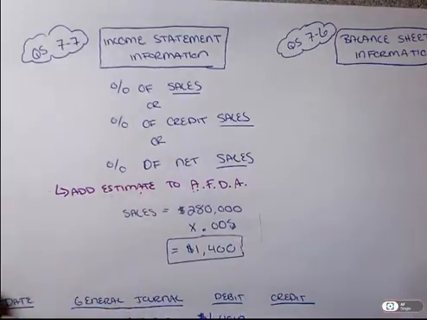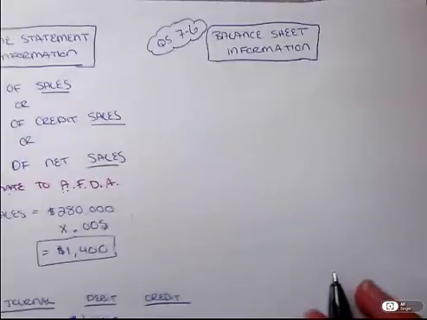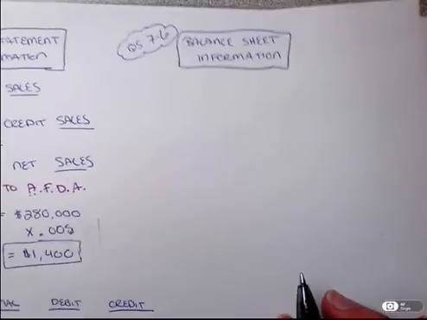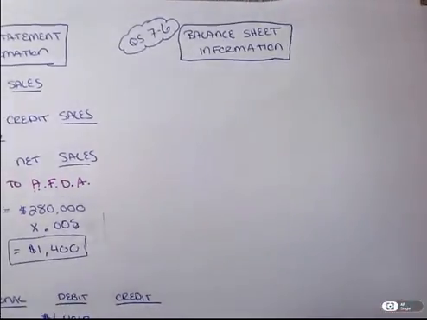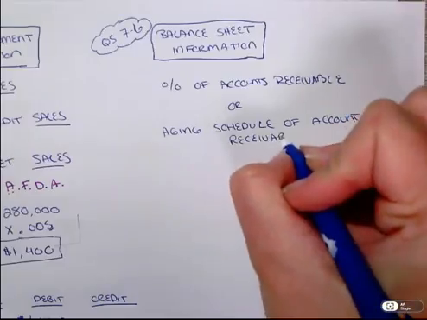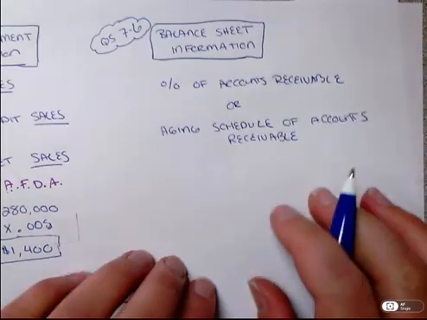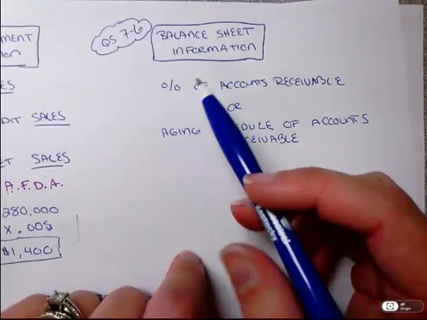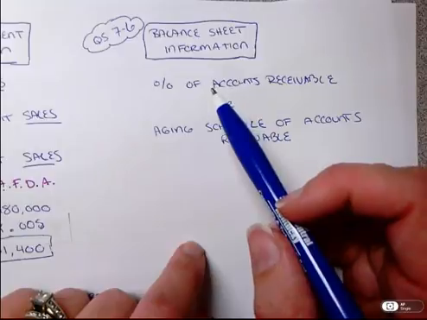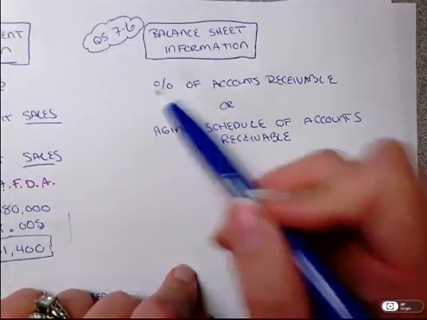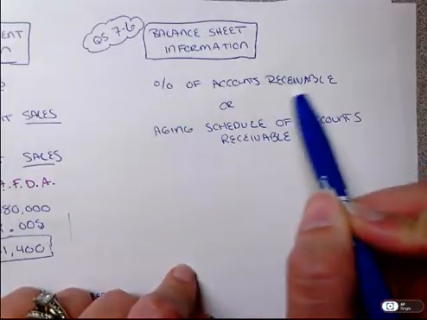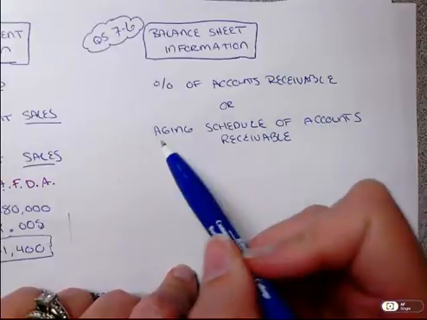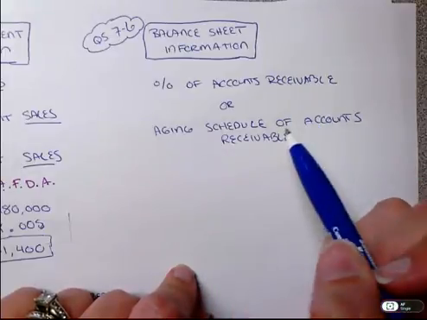Okay, and so let's look at another method, and this is going to be based on balance sheet information. When you use balance sheet information to make the estimate for the allowance for doubtful accounts, you're either going to use a percentage of accounts receivable, whatever the balance is, or use an aging schedule of accounts receivable.